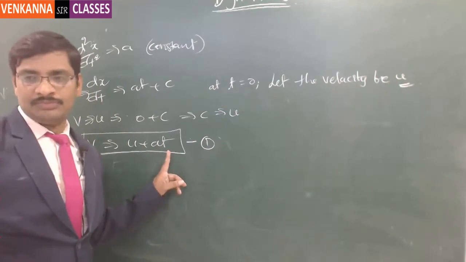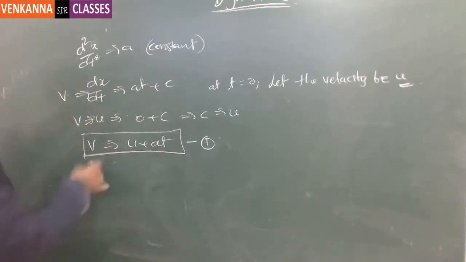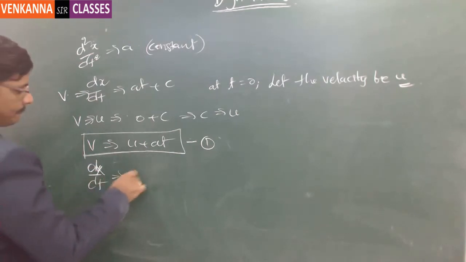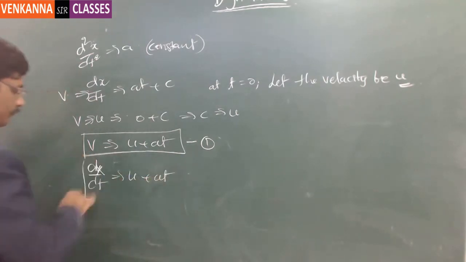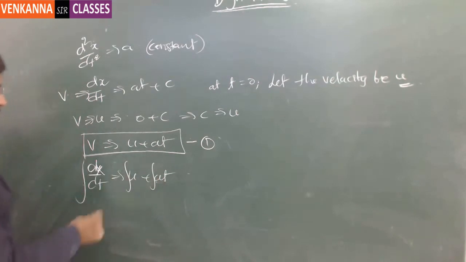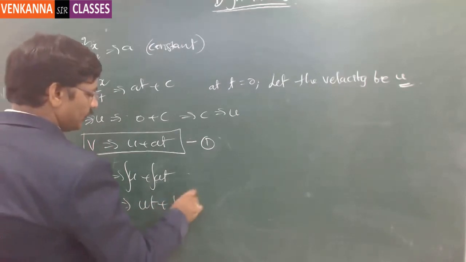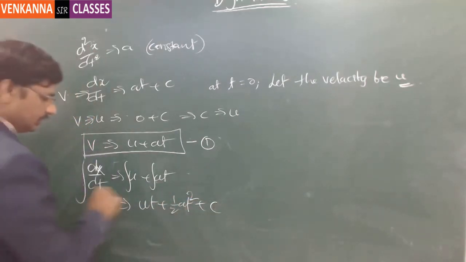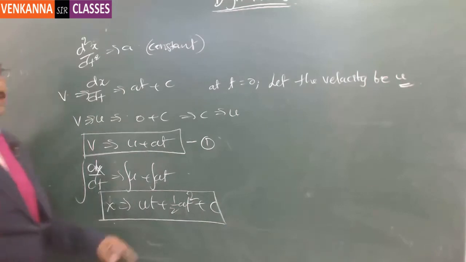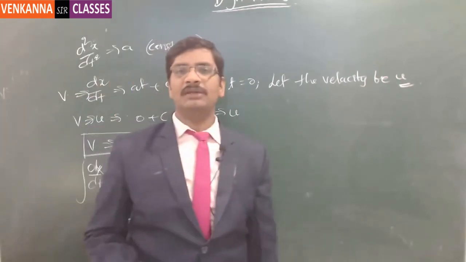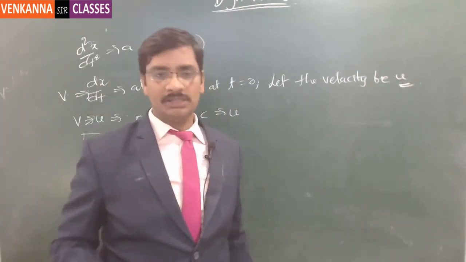And then if you again integrate this v, which we call dx by dt, then this is going to be x is equal to ut plus half at square plus some constant c. Now again, at t equal to 0, when we start the bike, we are at a displacement of 0, because that's where we started.